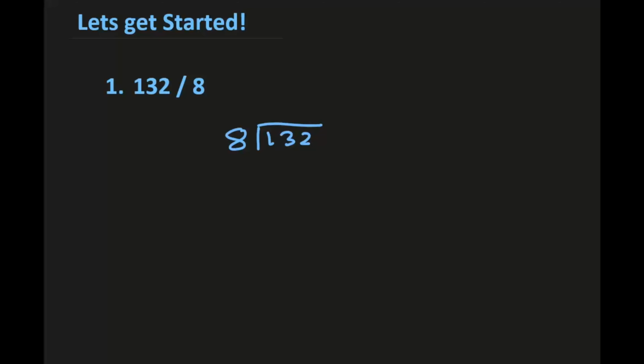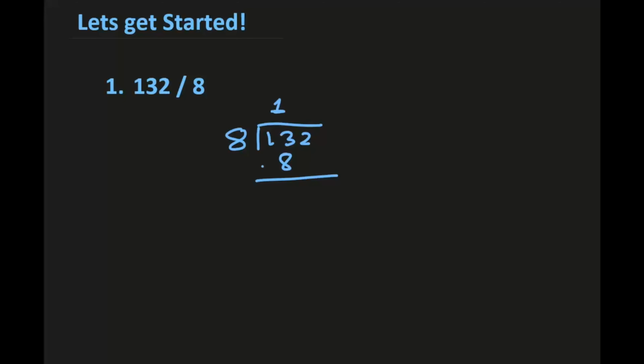Now we're going to find a number that is equal to or less than 13, but it has to be a multiple of 8. We know that 8 times 2 is 16, so that won't work. So our only option would be 8 times 1. So we're going to write 8 times 1, and then we're going to put an 8 there.